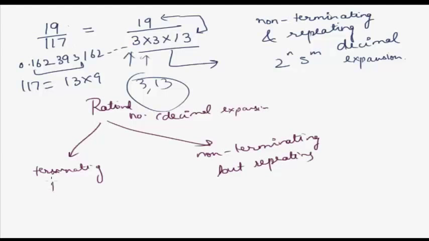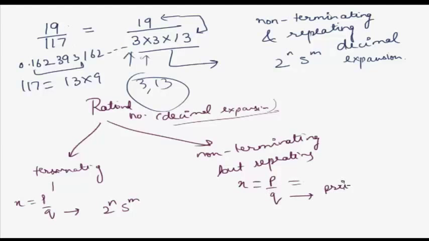For the case of terminating decimal expansion, if x is a rational number in p by q form, then q must have prime factorization in the form 2 raised to power n into 5 raised to power m, where n and m are non-negative integers. Whereas in the second case, the non-terminating but repeating decimal expansion of the rational number, q's prime factorization is not of the form 2 raised to power n into 5 raised to power m.